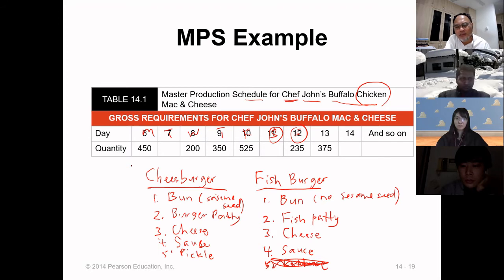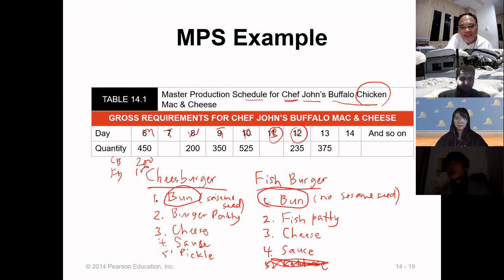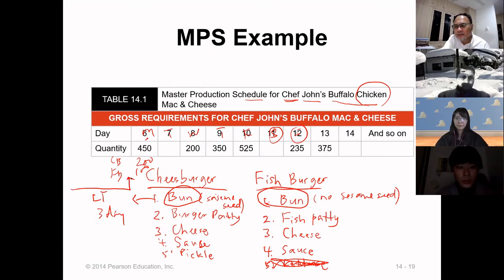For example, a particular store in Shinjuku sells 200 of cheeseburger and 100 of fish burger. So you need to order this. If the lead time is 3 days, before this Monday, you need to order this. You understand?